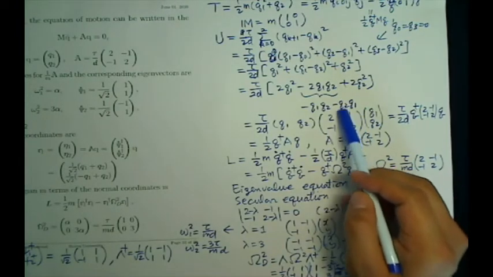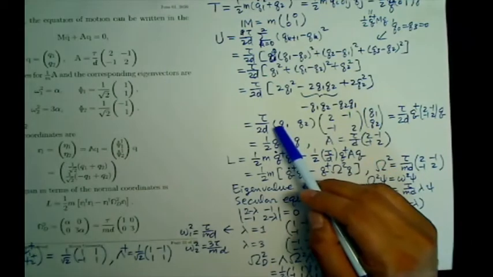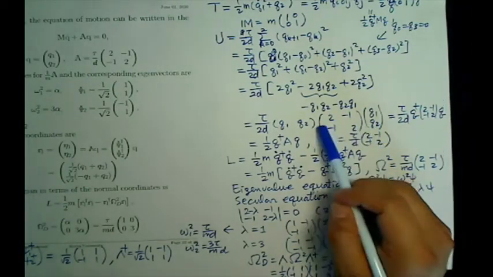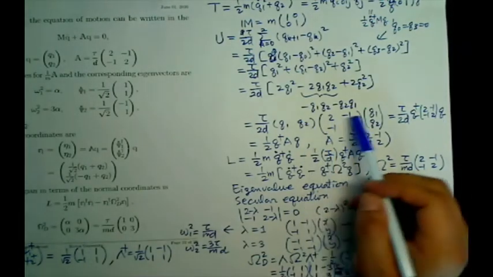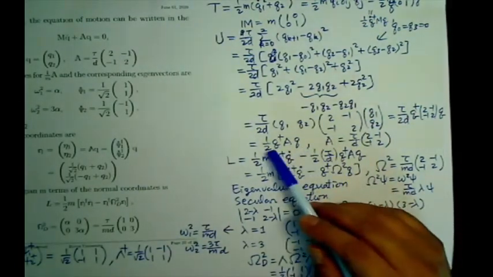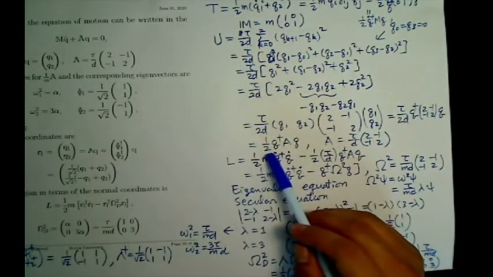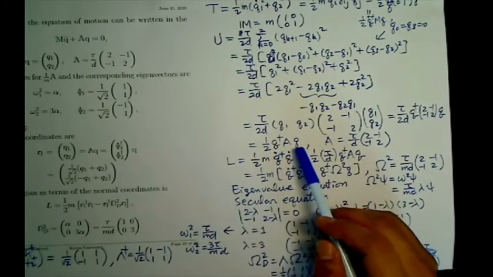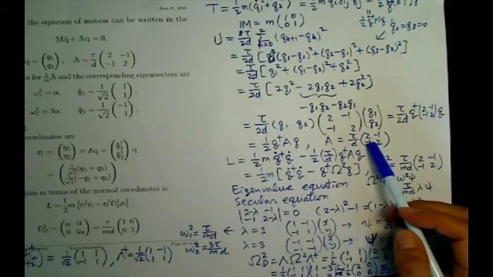So this minus 1 stands for the coefficient of the q1 and q2 product. This minus 1 represents the coefficient for the product of q2 and q1. Therefore, we can rewrite this potential energy as 1/2 q dagger A q, where the potential energy tensor A is tau over d times this matrix.